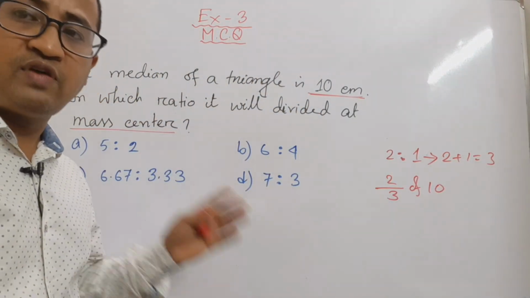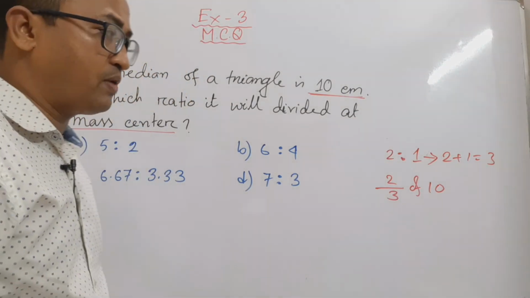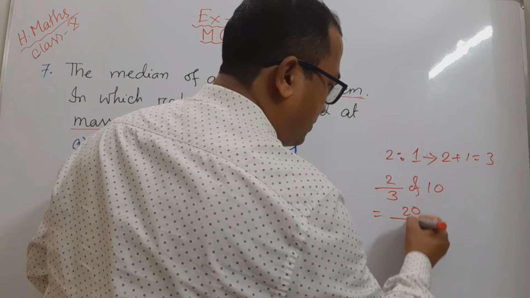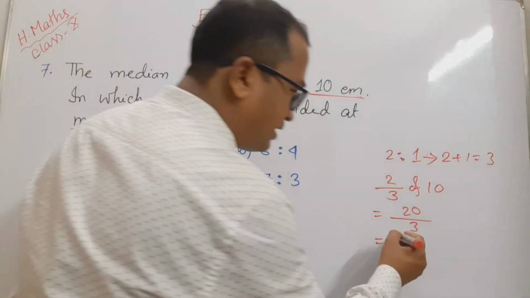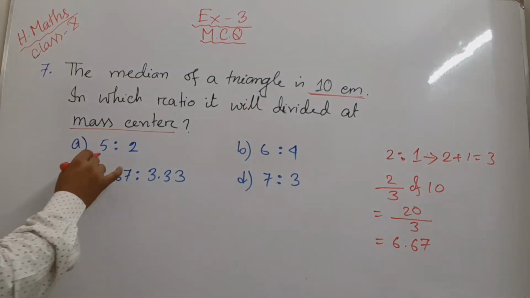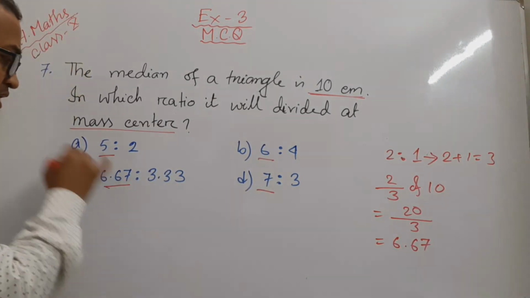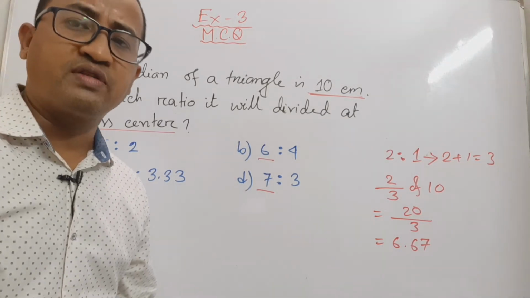If you calculate it, it will be 20/3. If you divide 20 by 3, you will get 6.67. So which one is the first? Yes, option C.